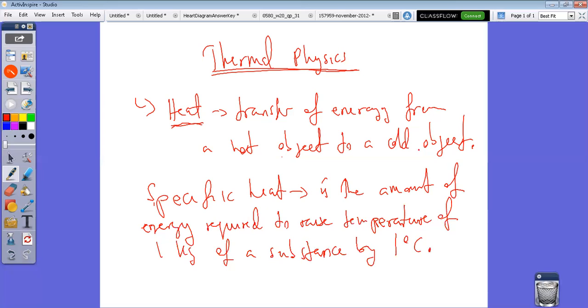Clear? By 1 degree Celsius. Is that making sense or not making sense so far?